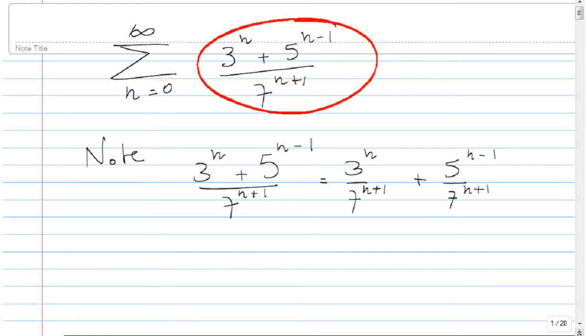So we see that this is a combination of two geometric sequences, except that we need to have a number times a number to the power n. So we need to do a little bit more.